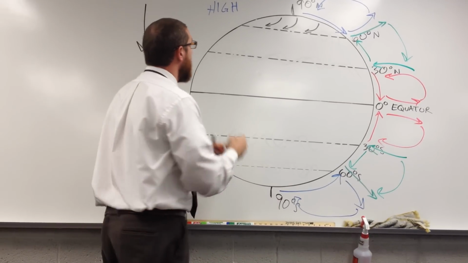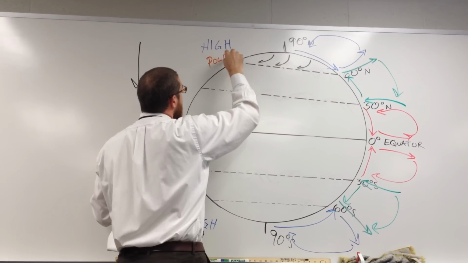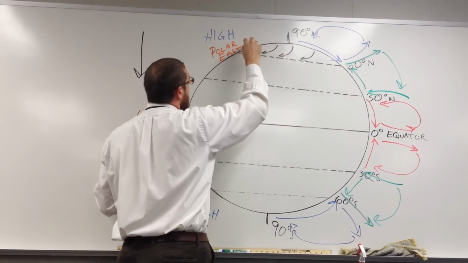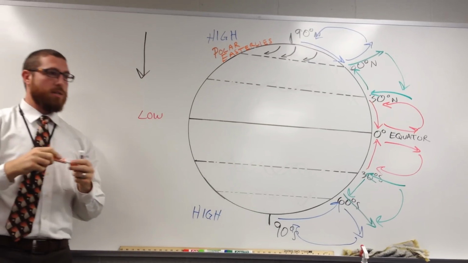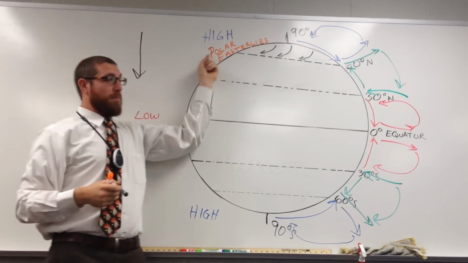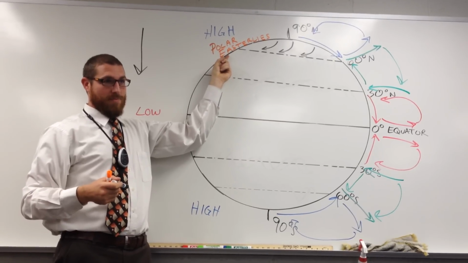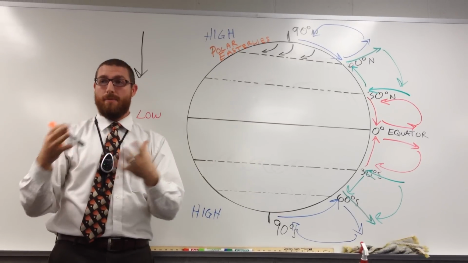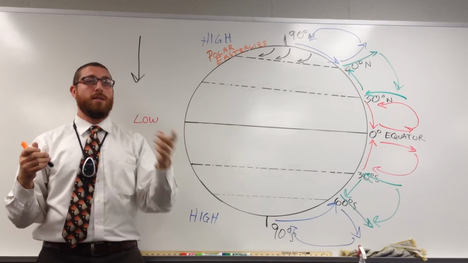In fact, we're going to call it the polar easterlies. And we call it the polar easterlies for two reasons. It's around the pole, and it's coming from the east. We name the wind by where they come from. It's coming from the east. It's around the pole, hence polar easterlies.